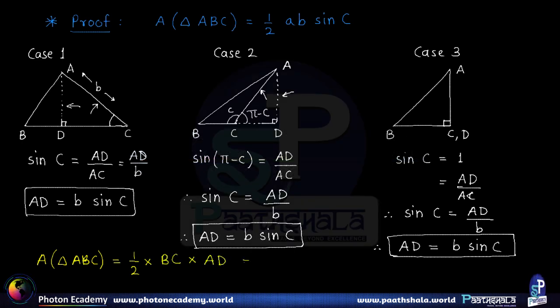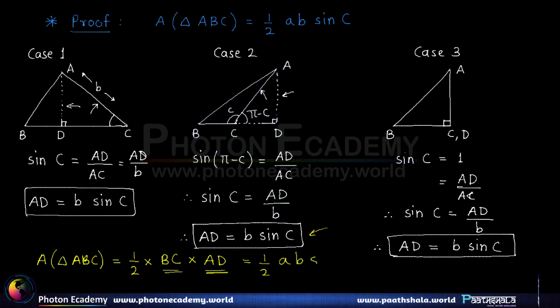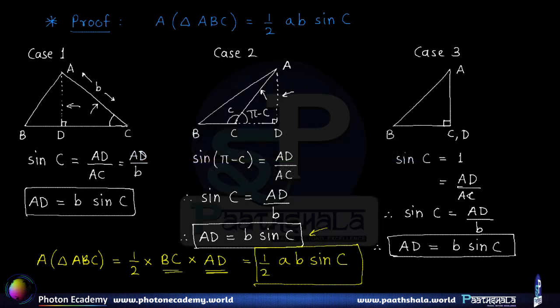Right? So therefore that further equals half. Now BC is nothing but side a, and AD, as we have just proven, is equal to b sine C. So therefore that proves the result for area of the triangle to be equal to half ab into sine C. Now we can prove the remaining two expressions by considering the remaining two sides as the base, and so on.